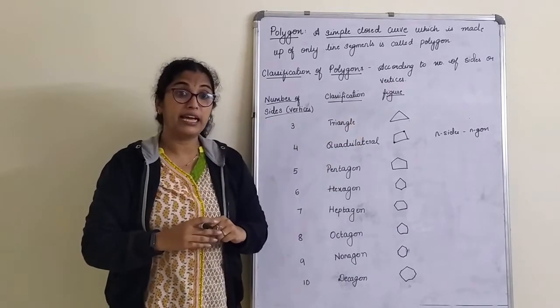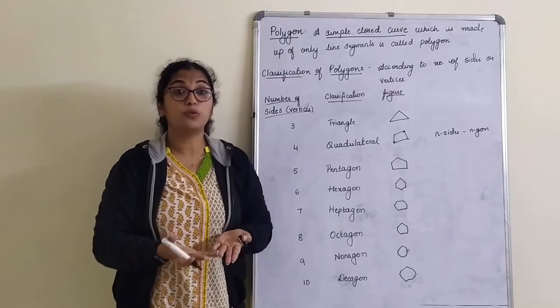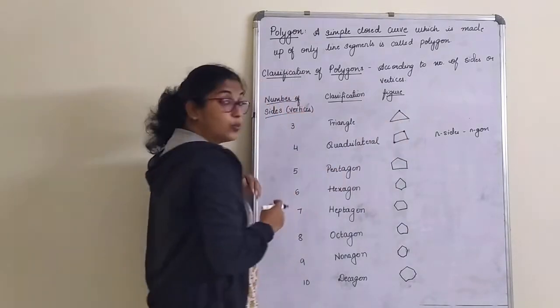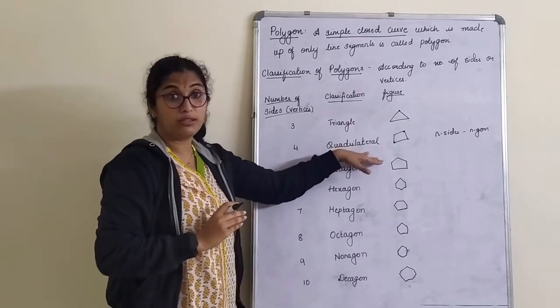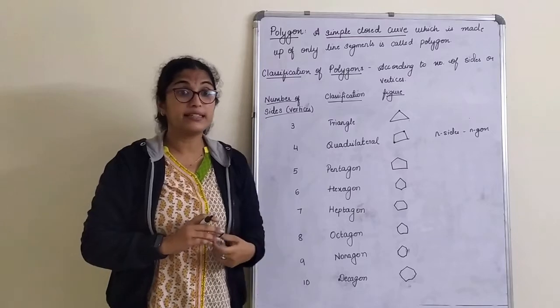Triangle, can it have a diagonal? No, because a triangle has 3 sides, so it does not have an opposite side. It has 2 sides in the base and 1 is the vertex. So how many diagonals does a triangle have? 0. Why does it have 0?